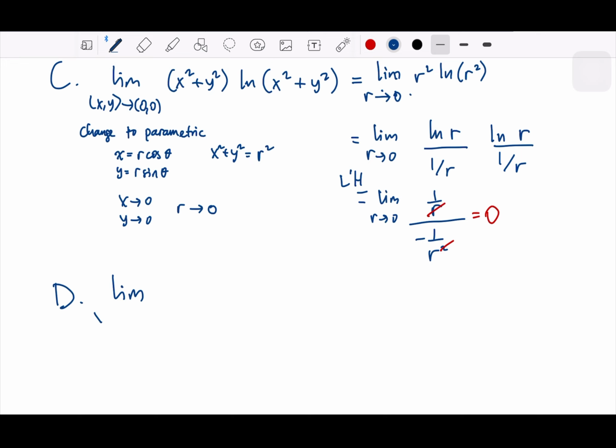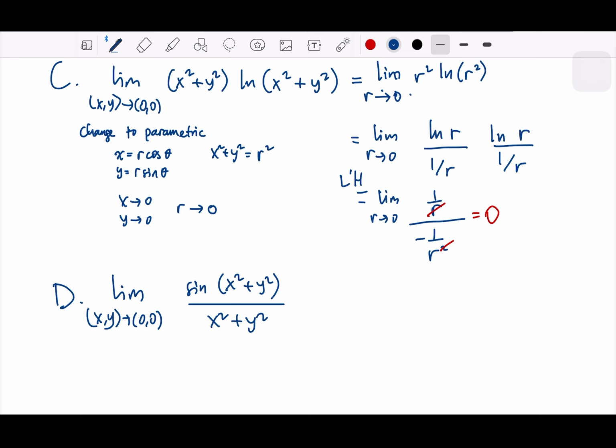We've got the limit as (x, y) goes to (0, 0) of sin(x squared plus y squared) over x squared plus y squared, and I think we have a similar solution.